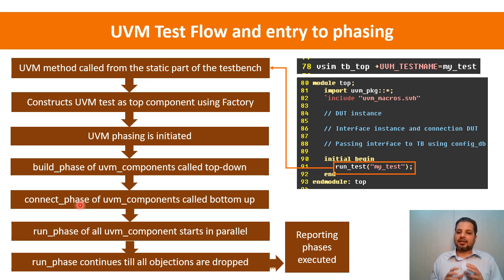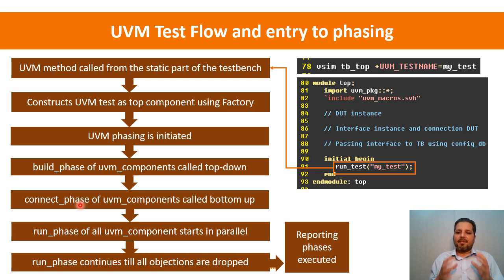Any component can raise and drop an objection in the entire test bench hierarchy, and the general recommendation is that you raise and drop objections in the test, for figuring out whether the stimulus has completed, and in the scoreboard, to figure out that all the responses have been gathered. Those are the two components in which it is recommended. The rest of the components should ideally not do it. We will talk a little bit more about this guideline towards the end of the session.